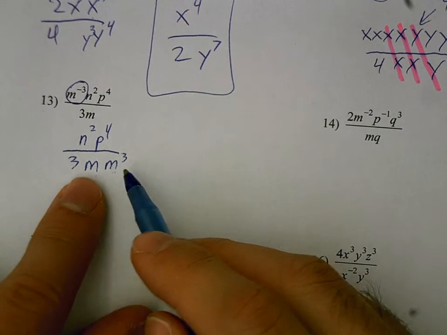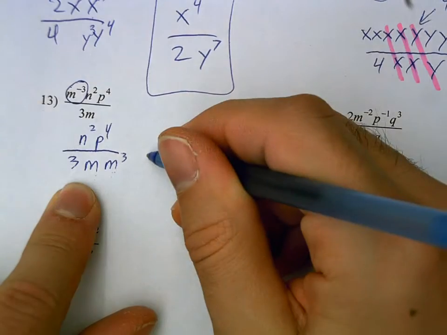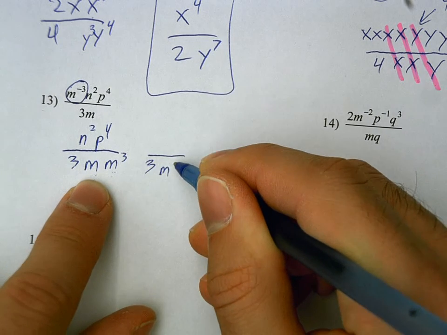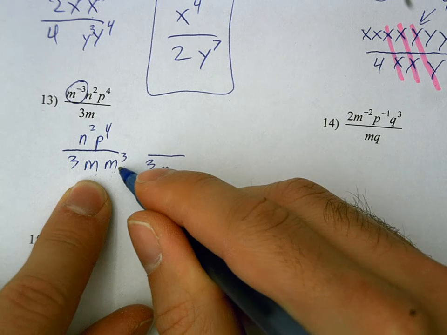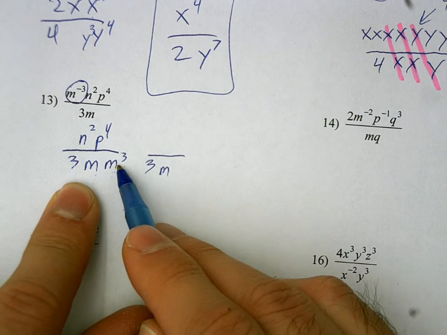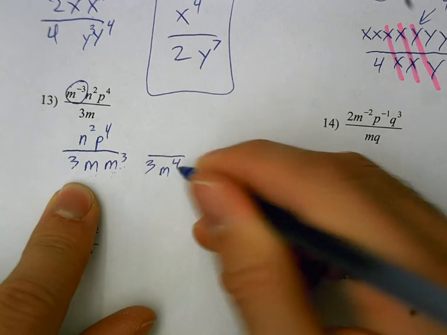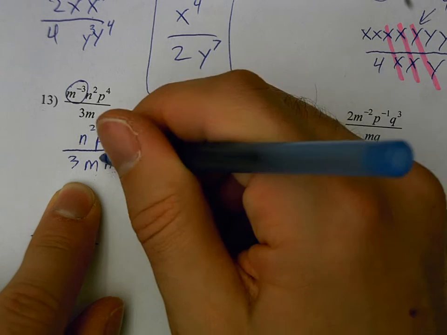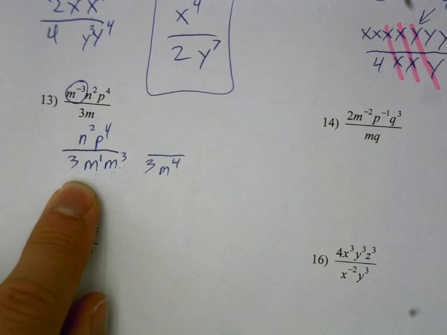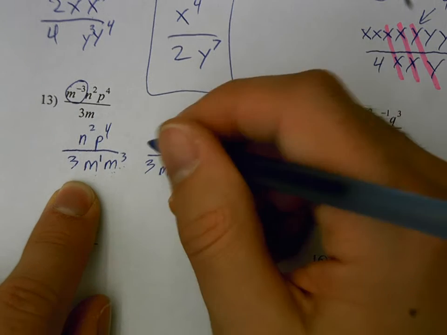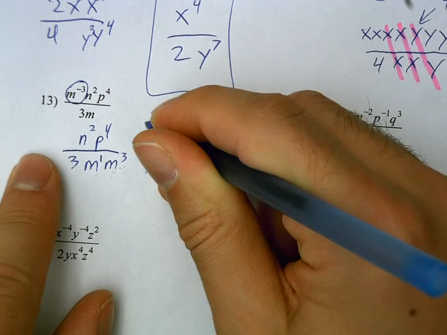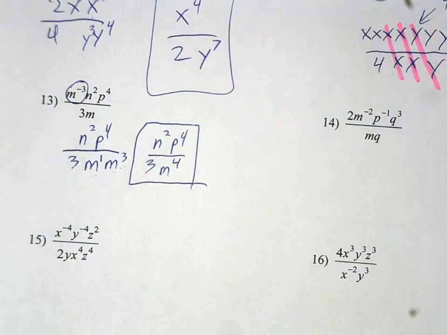So what Isaiah said here is if we have 3 m, essentially 1, 2, 3, 4 m's, we're going to make it 3m to the fourth on the bottom. If you want to put a little 1 there for that m, go for it. The top, n squared, p to the fourth, all stays right where it was. And we're done with that one.